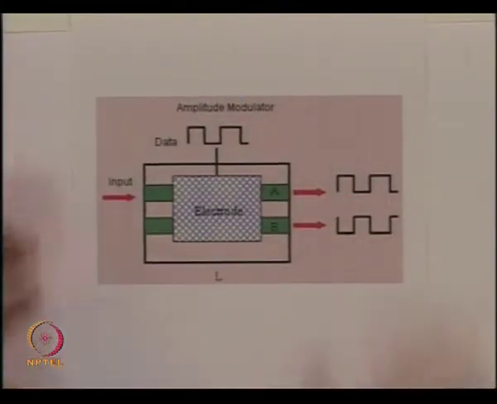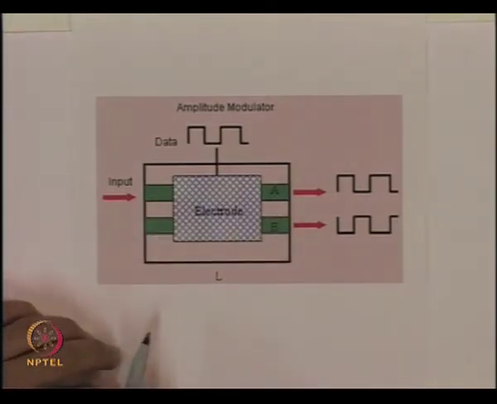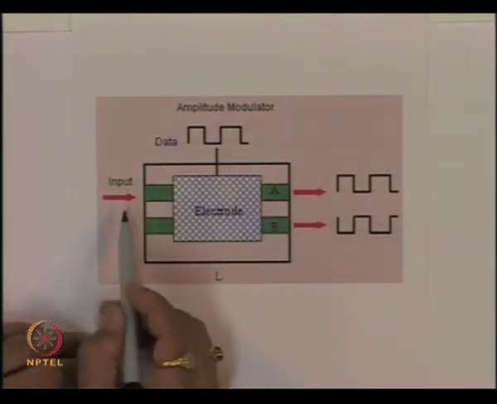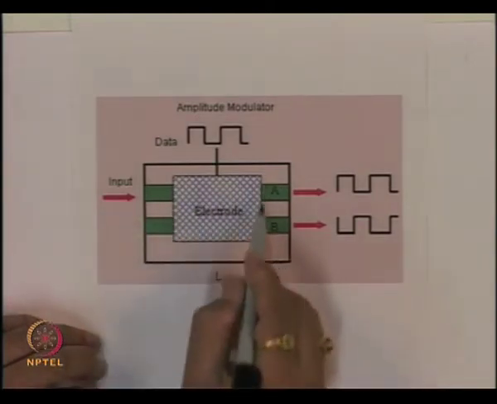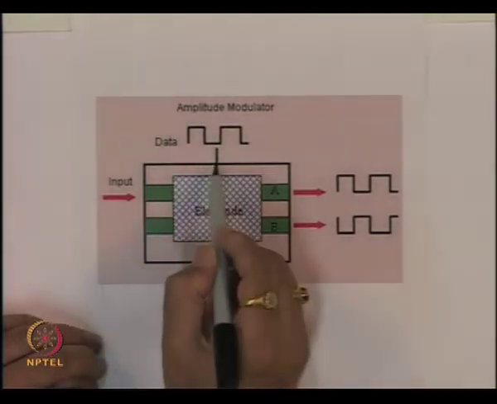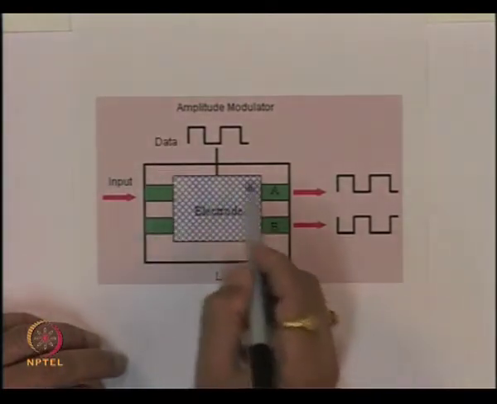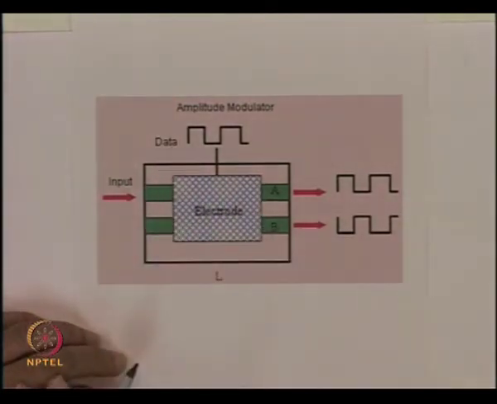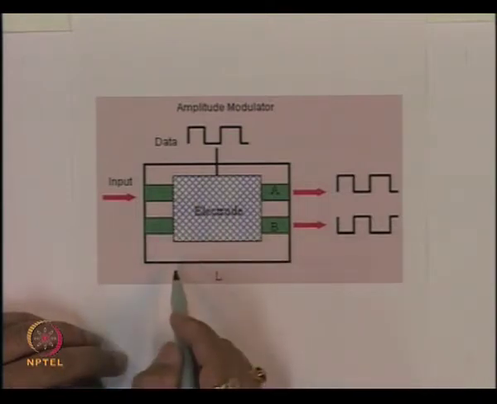So here is the directional coupler. These are the two channel waveguides A and B. We are exciting this waveguide with the optical signal here, and we have an electrode. This is the electro-optic material now, and let us say we apply some voltage data to the electrode, and this electrode would change the refractive index of the material.